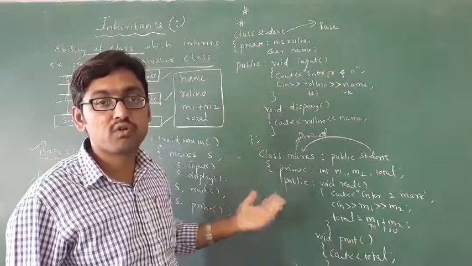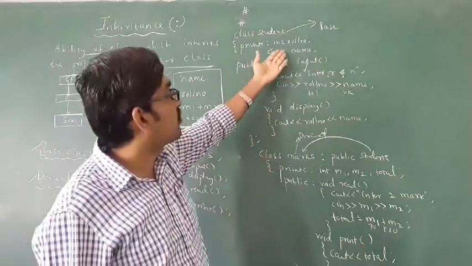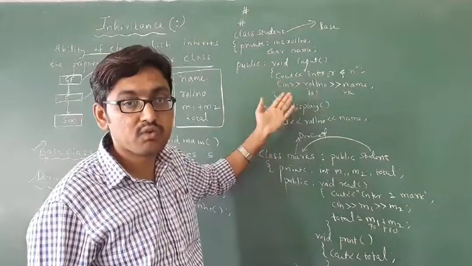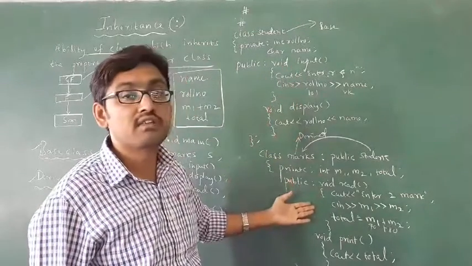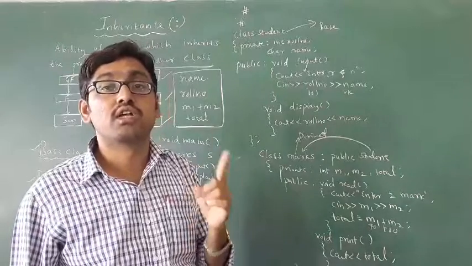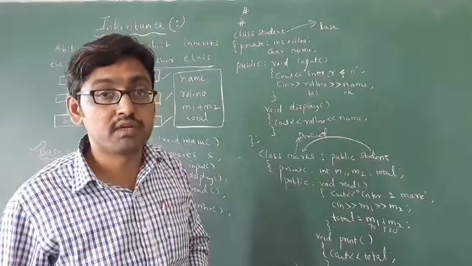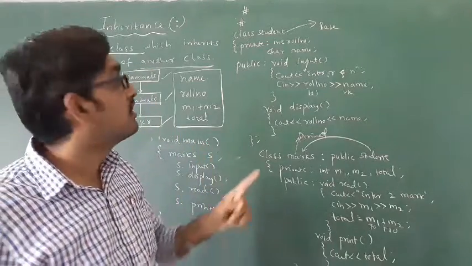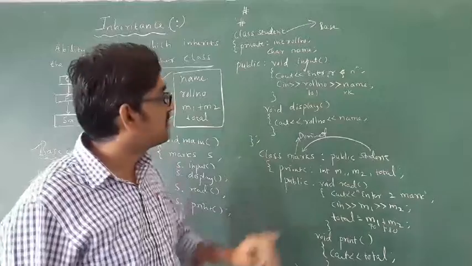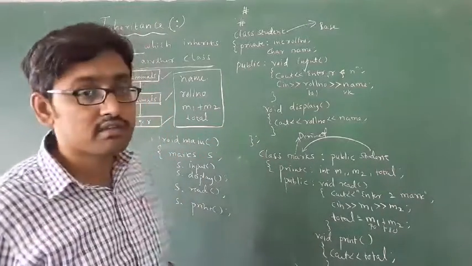Code reusability means the roll number and name code, we can use this code in this class. That's why the main advantage of inheritance is code reusability. That is the main advantage of this inheritance technique.